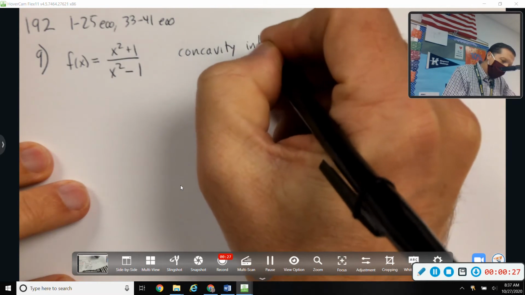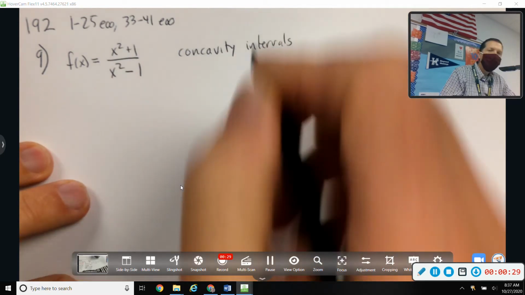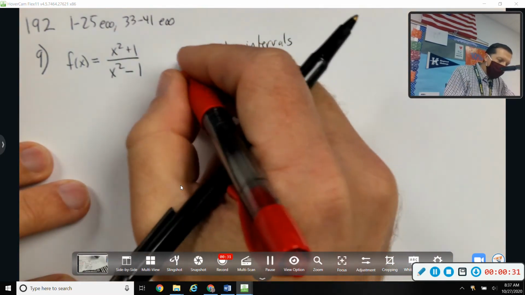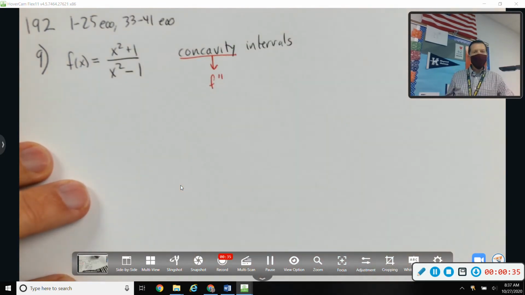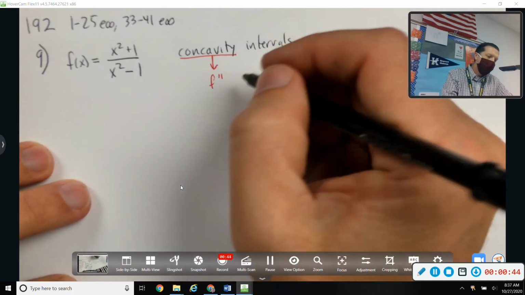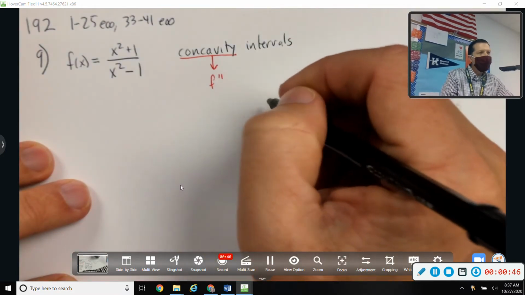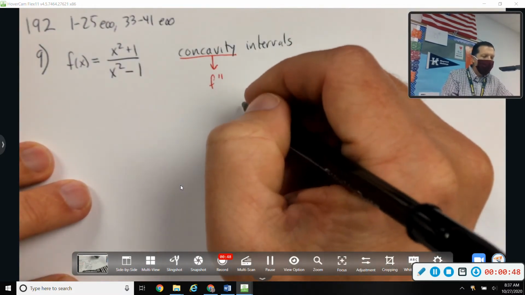So concavity intervals. Well, concavity is a second derivative thing. So I'll need a second derivative, which is going to be kind of a pain for this guy, but whatever. Second derivative, I'll figure out where that's 0 or undefined, set up a number line, test the intervals.